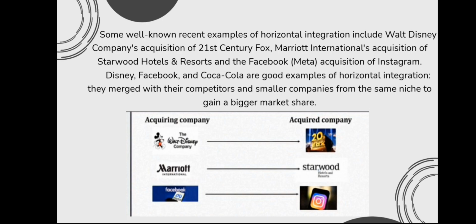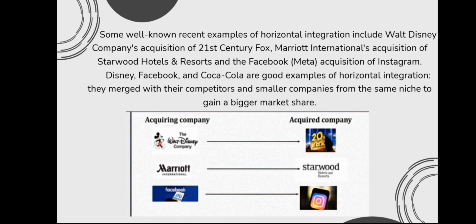So here is another example: Facebook and Instagram. I think they are the same Meta. So Facebook merged with Instagram so they could get a bigger market or have more market share.